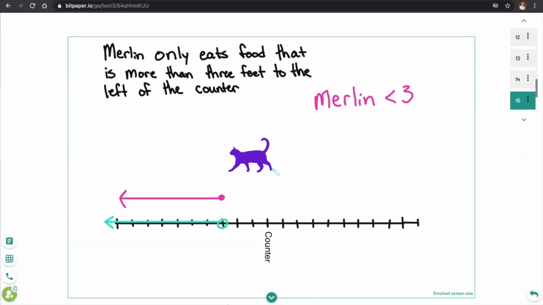And if we consider that our counter is at place 0, then the way that we would write this inequality is x is less than -3. And that's what this green line here represents on our number line, is where x is less than -3.